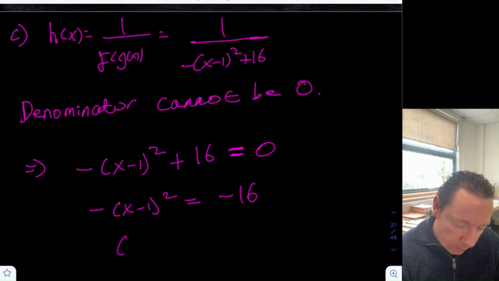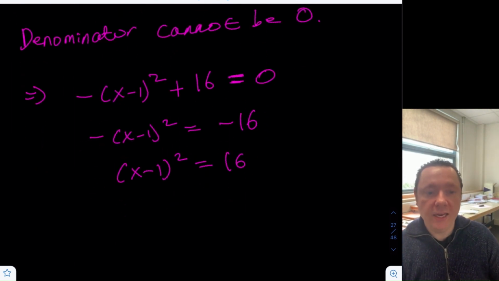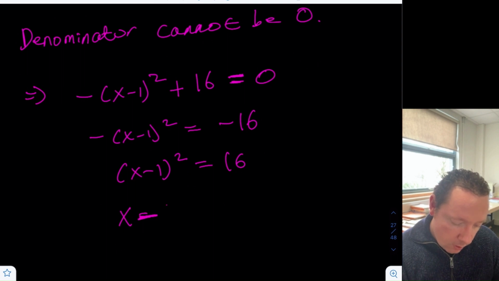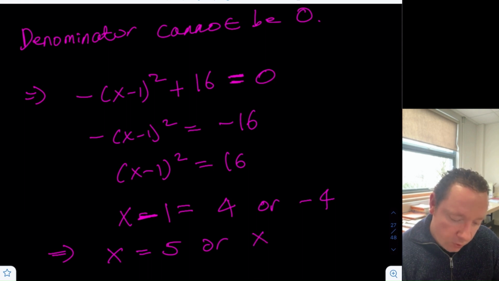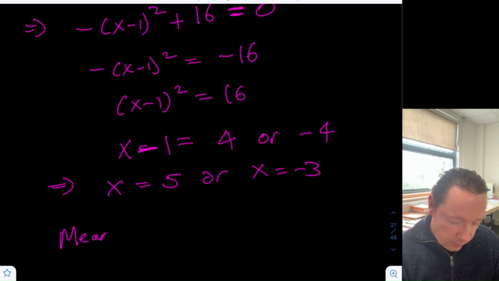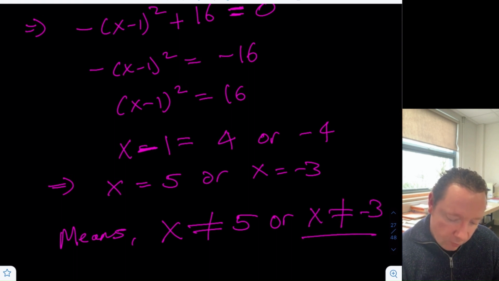Divided by minus 1 means (x minus 1) squared equals 16. Square root on both sides, then you get x minus 1 equals 4 or minus 4. So that means x either equals 4 plus 1 is 5, or x equals minus 4 plus 1 is minus 3. That means x cannot equal 5, or x cannot equal minus 3, and we're done there.